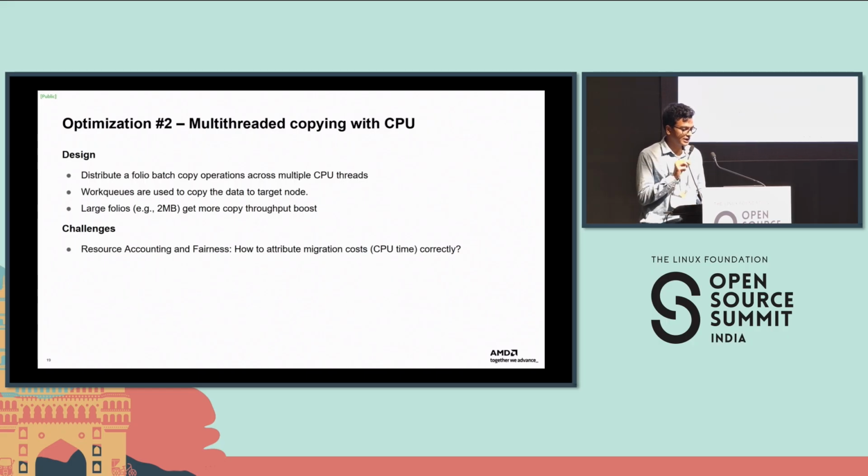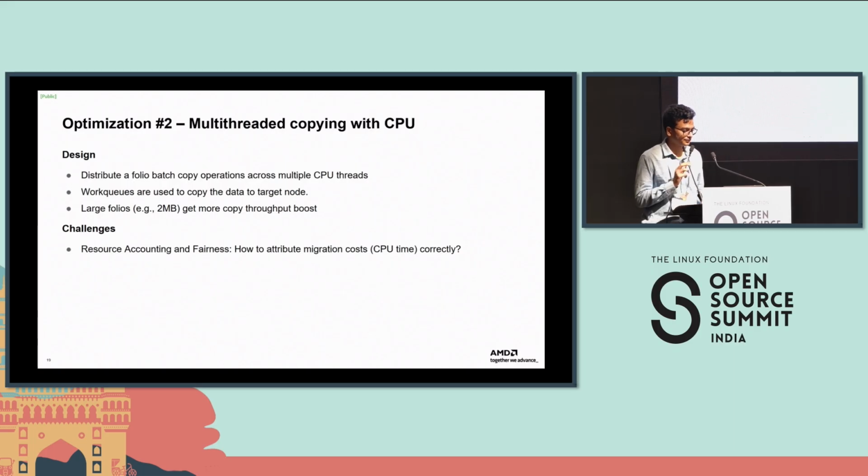Now that we have batched the folios, this takes us to how we can make it more efficient. We use multi-threaded copying with the CPU. For example, we have 512 folios. We divide them into chunks and distribute them across multiple CPU threads, and then we use work queues to copy data to the target node.